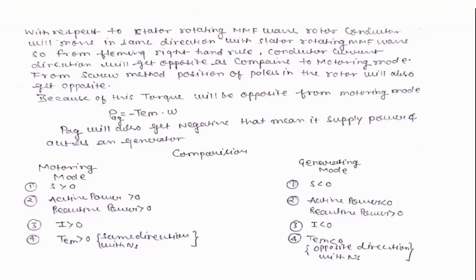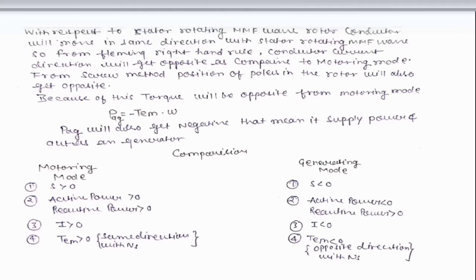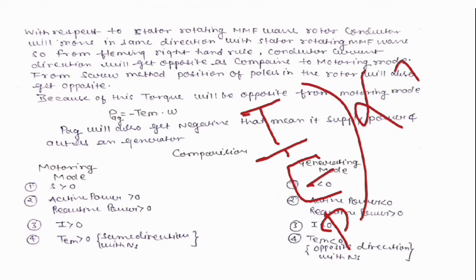Okay, then due to negative slip there are a lot of differences that occur actually. Due to negative slip we will get the negative power. Due to this negative slip we will get the negative current. Okay, because current, emf and power depend on the slip actually. If slip is negative, current is opposite, that's why the direction of the current is changed in our previous slide.